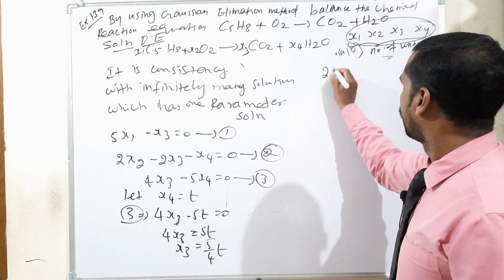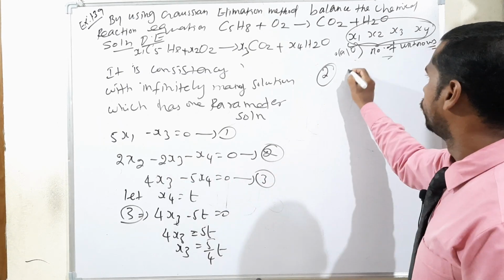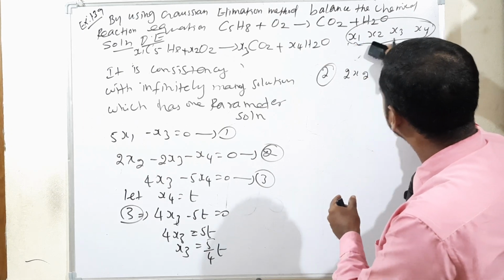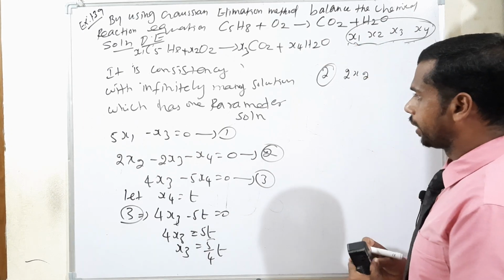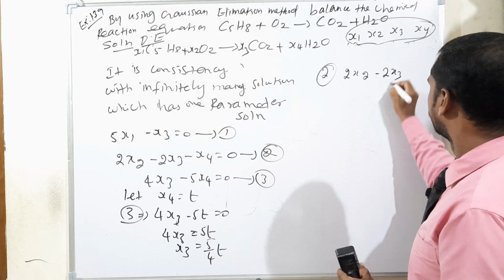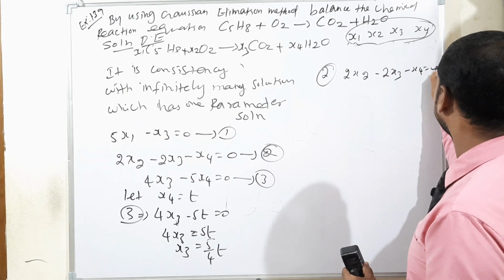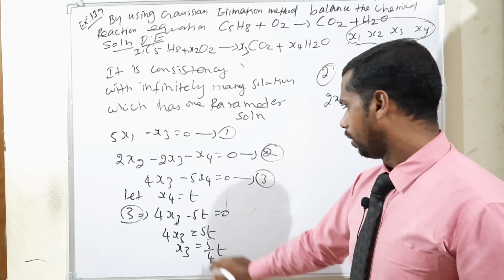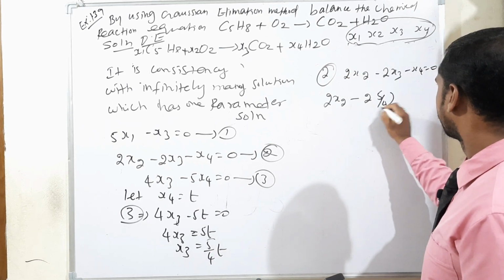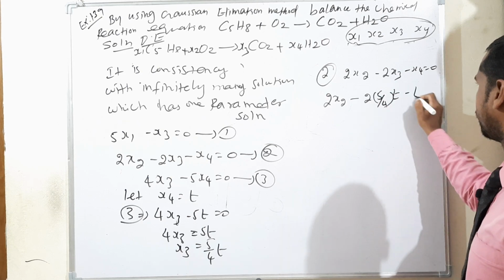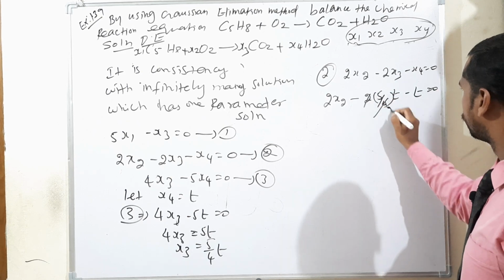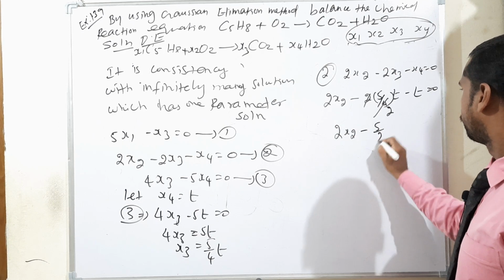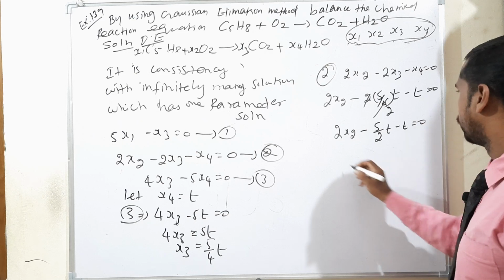Then from equation 2, what is the equation? 2x2 minus 2x3 minus x4 is equal to 0. Again, 2x2 minus 2 times x3 value 5 by 4 into t, minus t is equal to 0. Again 2x2 minus 5 by 2 t minus t is equal to 0.